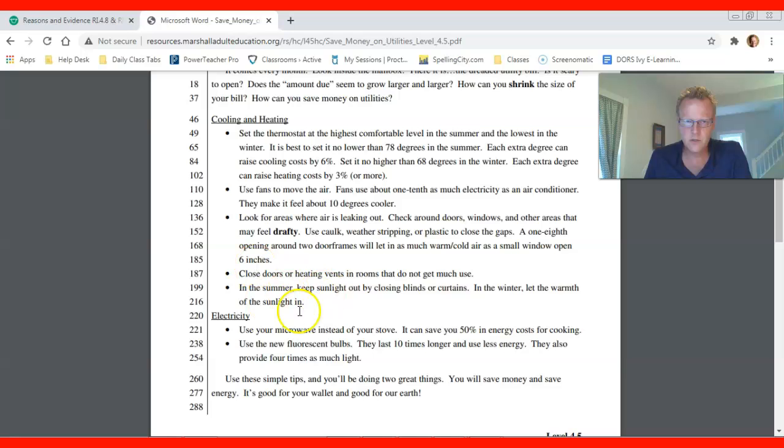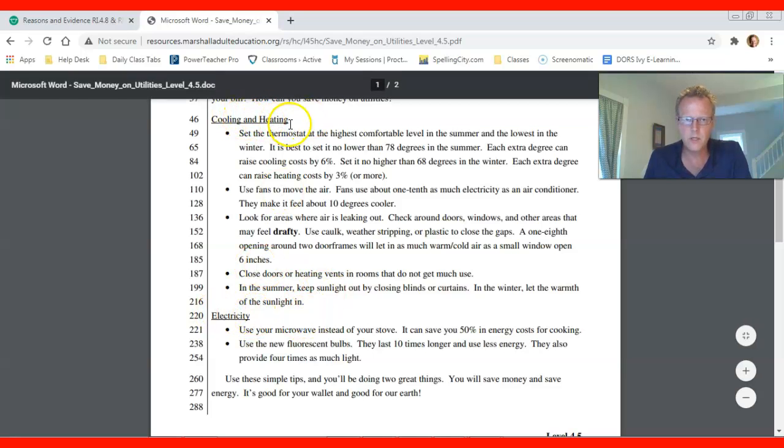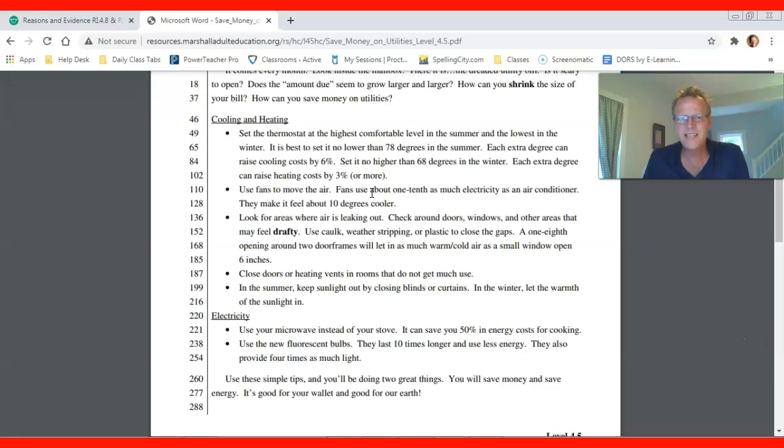So he also talks about electricity. So you've got these subpoints, cooling and heating. He's going to give me all kinds of good ideas, examples, things I can do to save money on my cooling and heating. And then he comes down here and he gives me more bullet points on electricity.